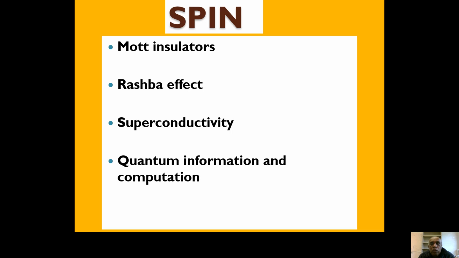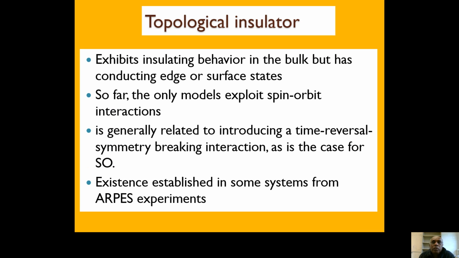They all make use of electron spin. We already have talked about spin in magnetism. Here we are going to mostly talk about some relativistic effects and the influence of spin on various properties of these materials. So topological insulators are a new phase of these materials.